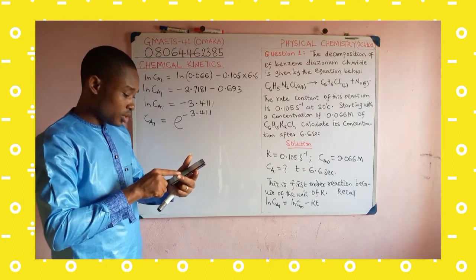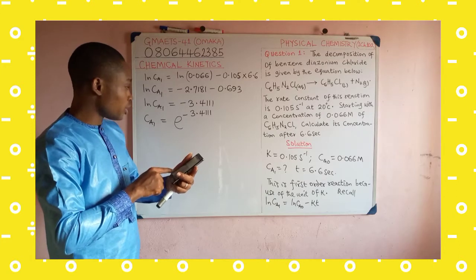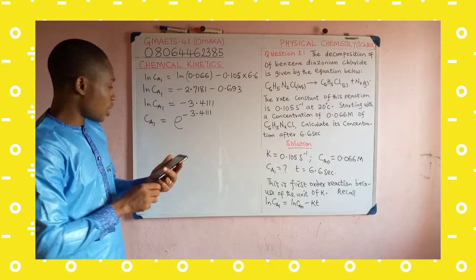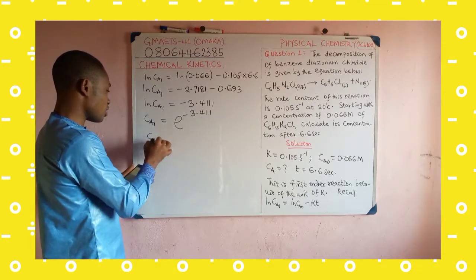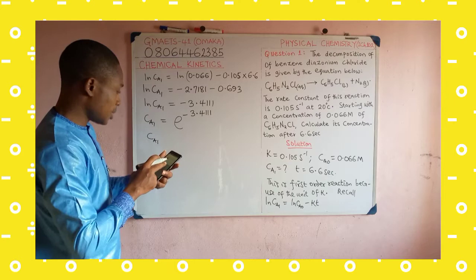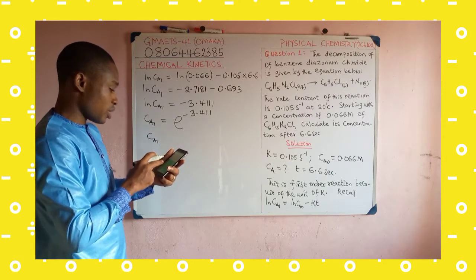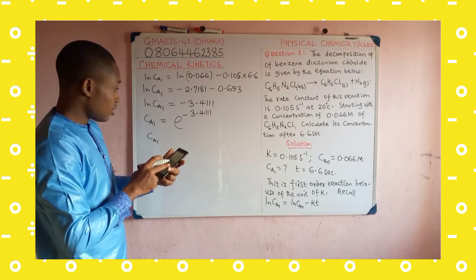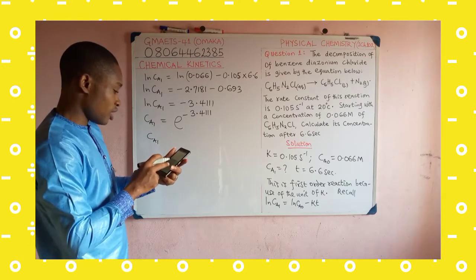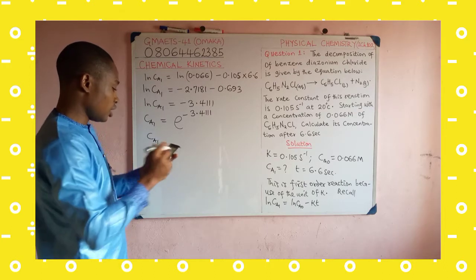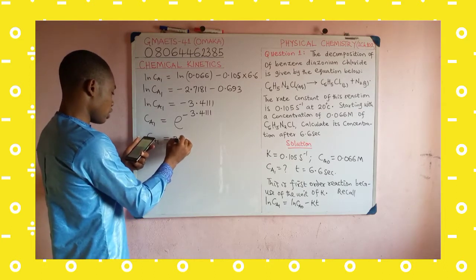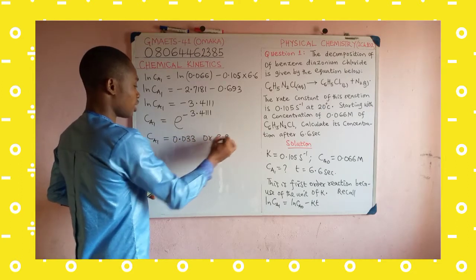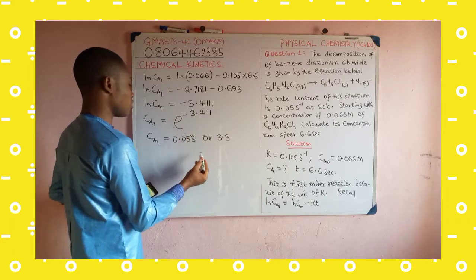Exponential of negative 3.411, from here the value is 0.033, which you can still write as 3.3 in standard form, moving the point 2 times to the right.